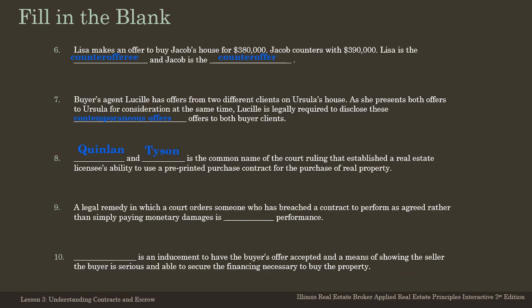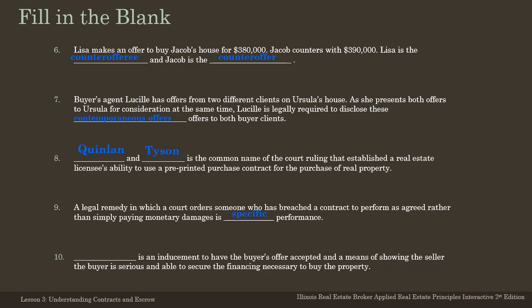9, a legal remedy in which a court orders someone who has breached a contract to perform as agreed rather than simply paying monetary damages is called specific performance. So if we do end up in contract court where one party defaulted, and let's say it's the seller suing the buyer defaulted. They didn't show up at closing. They didn't bother. They just ran away. Okay. And so seller finds the buyers and sues them for breach of contract.